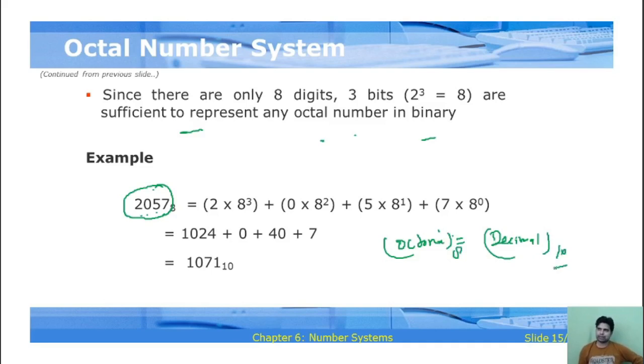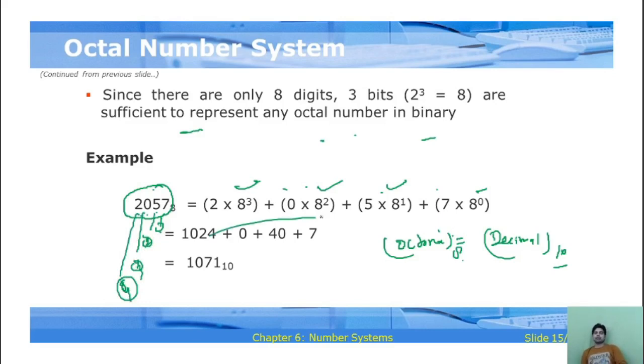Clear? So for octal we use base 8 to the power 0, 8 to the power 1, 8 to the power 2, 8 to the power 3, that is 0 1 2 and 3. This is the first digit, this is the second, third and fourth.